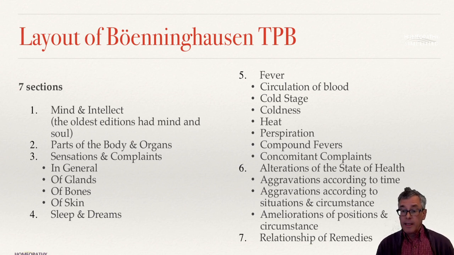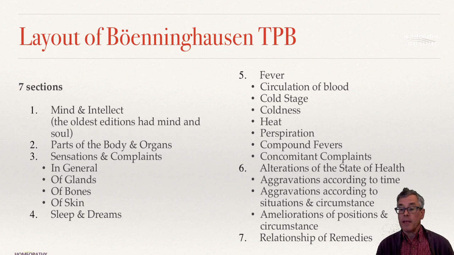And then we see the concomitant symptoms and complaints at the end of section 5. So section 6 gives all of the alterations of the state of health. So how a person has changed in their state of disease will be found here. We see the aggravations according to time, the aggravations according to situations and circumstance, meaning things like being indoors or outdoors, or moving this or moving that.